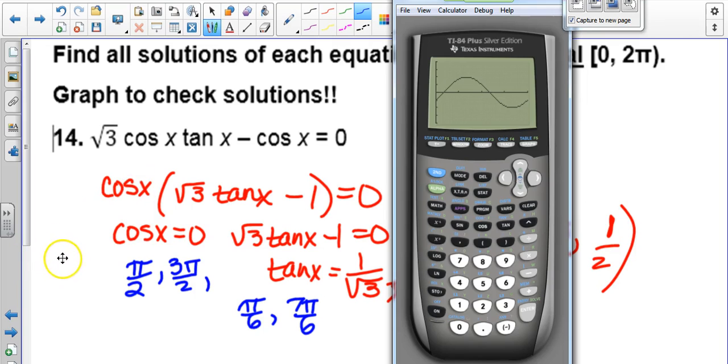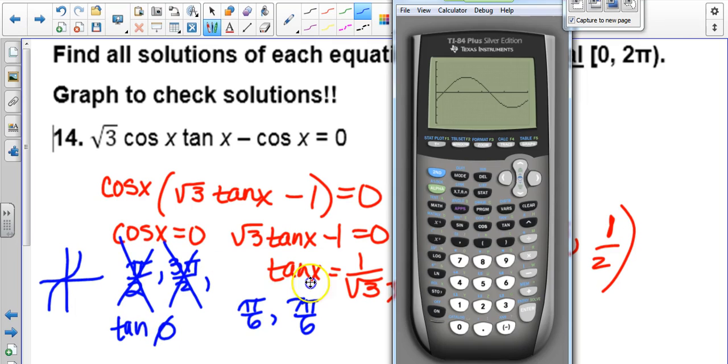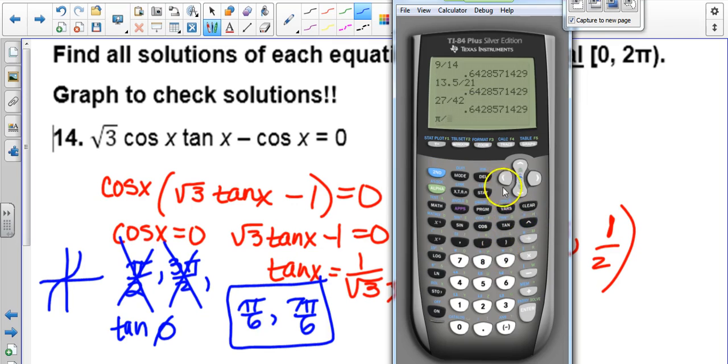Do you know where the tangent has asymptotes at? Pi over 2. This is not a solution, and this is not a solution because the tangent is undefined there. All right, so the only 2 solutions are pi over 6, 7 pi over 6. Can I check that? Trace first. Pi divided by 6, it jumps to a 0. Okay?